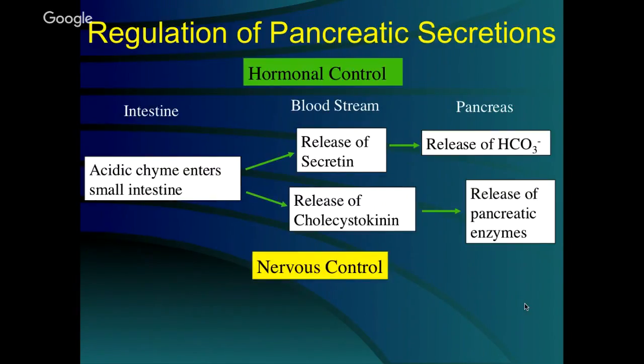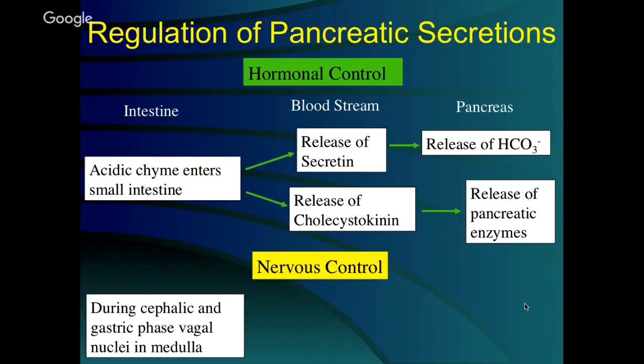Now, in the nervous control, this actually happens early. So this is like a preparatory phase: during the cephalic and gastric phase of control of gastric secretion, the vagal nuclei in the medulla send a signal through the vagus nerve telling the pancreas to start releasing its enzymes.